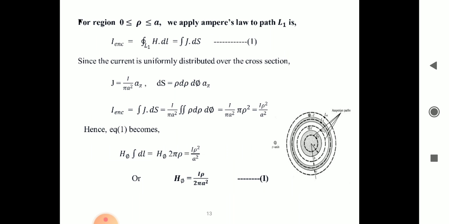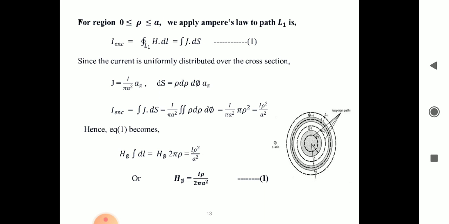Substituting these two in equation 1, I enclosed is equal to the integral of J dot dS, which is I by pi a square times the double integral of rho d rho d phi. That comes to I by pi a square times pi rho square. The pi cancels, and that is equal to I rho square by a square.